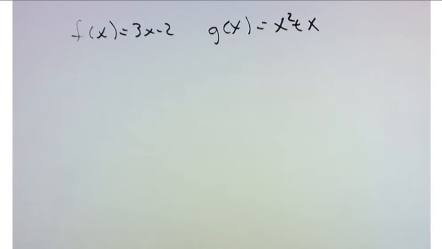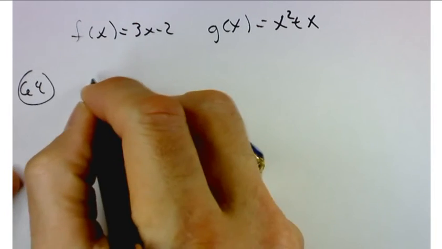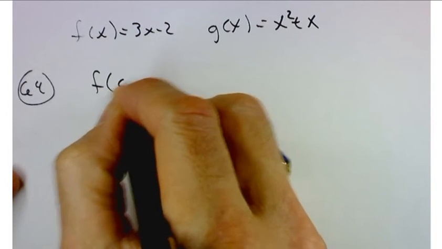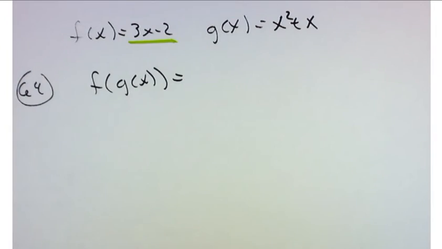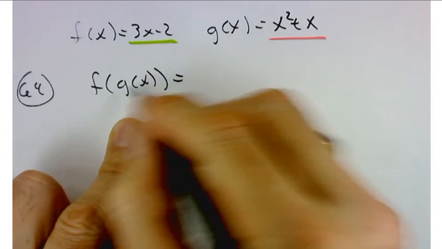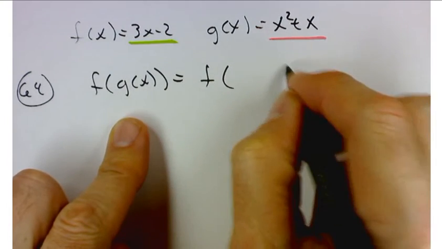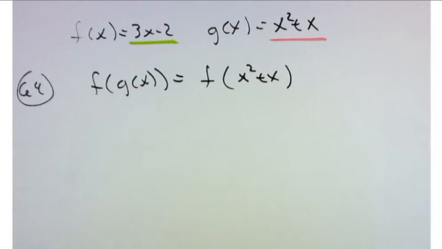We'll start with problem number 64. F of g of x. So let's start by replacing g of x by x squared plus 1. Or excuse me, x squared plus x. So g of x fits nicely in here.